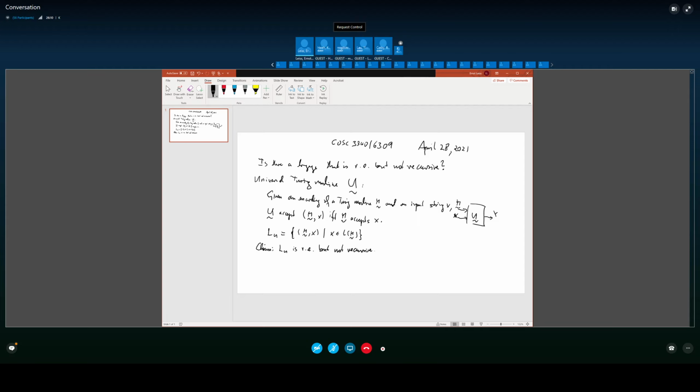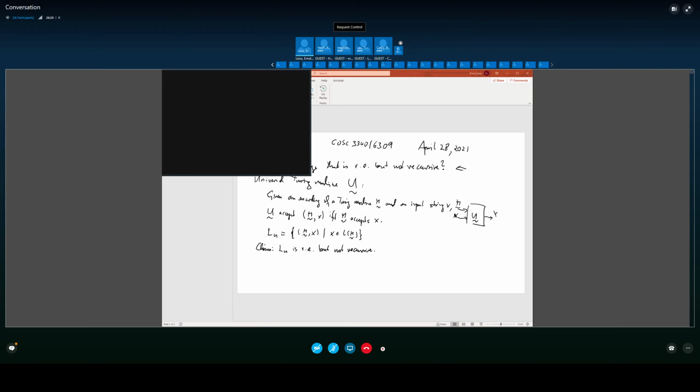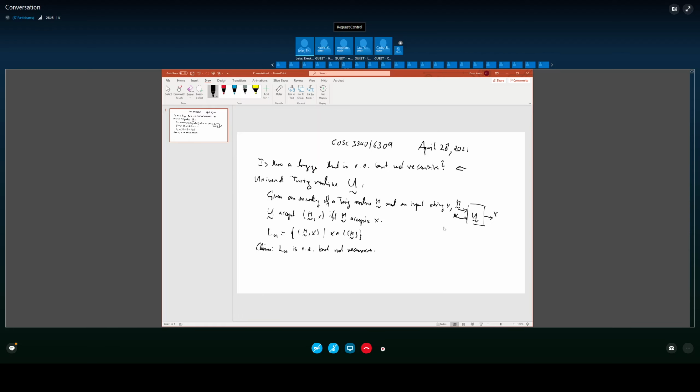So this is then the answer to the question that I posed. That means that all we have to show now is that LU is in fact recursively enumerable but not recursive. That's two parts. Is LU recursively enumerable? Well, that's obvious. Yes, by construction.